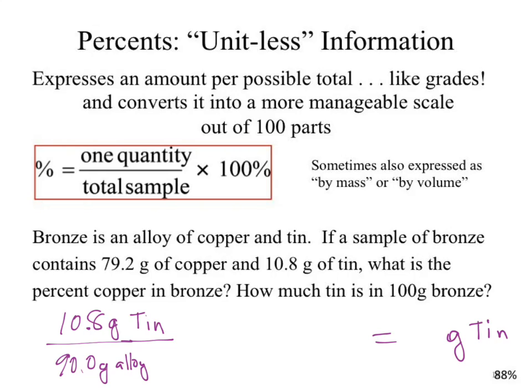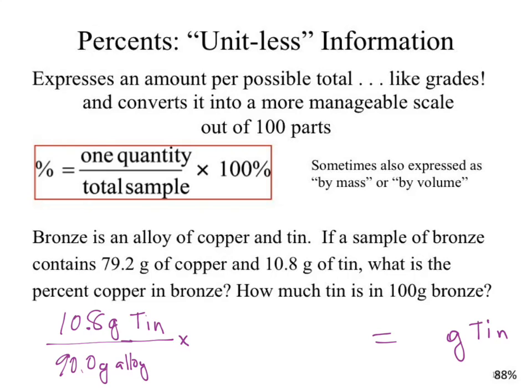What's the problem? We have grams of tin per grams of alloy. We need to get rid of the alloy unit. Do we have some more information that allows us to cancel that alloy unit? What was our alloy? 90. Our alloy is also known as, what's the first sentence say?